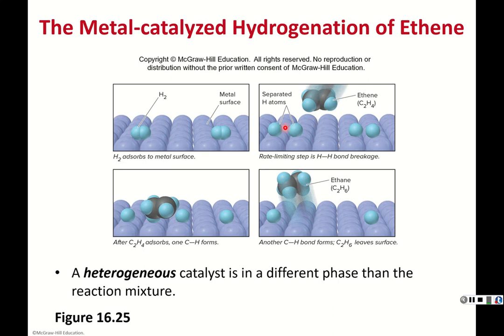So the metal facilitates this H2 molecule to be separated into two separate hydrogens and thus react with our ethene to make ethane. And this is known as a heterogeneous catalyst in that it's a different phase than the reaction mixture. So this is a gas phase reaction, but the catalyst itself is a solid metal.